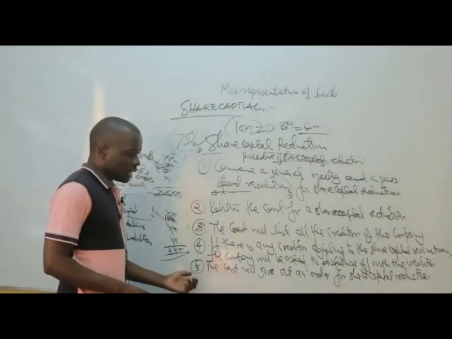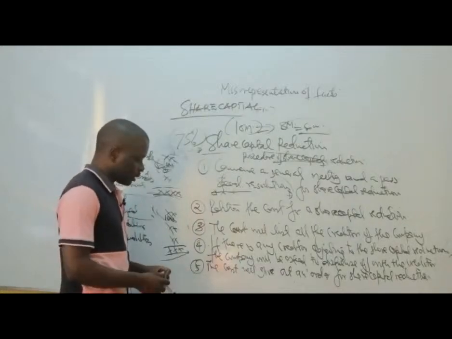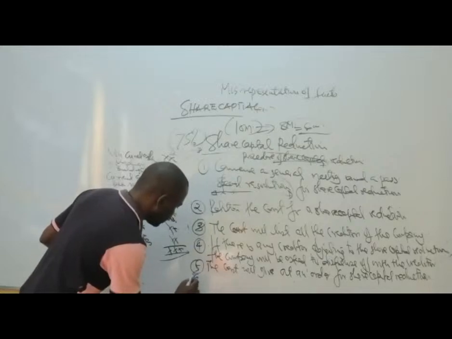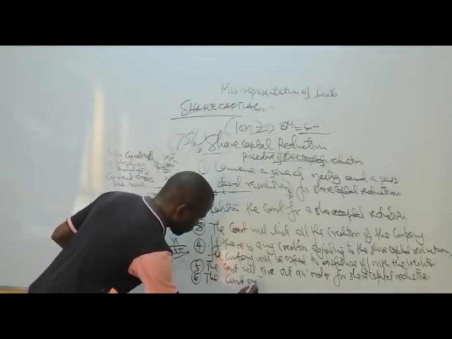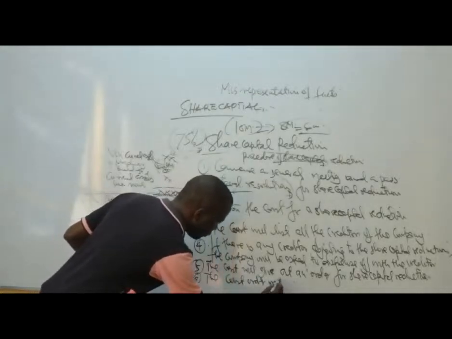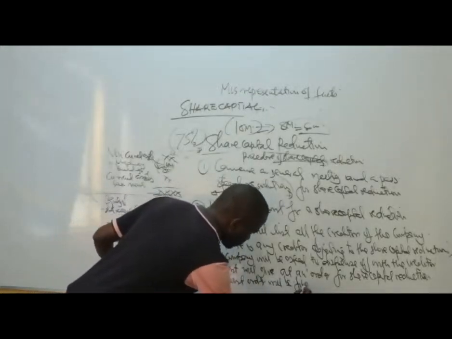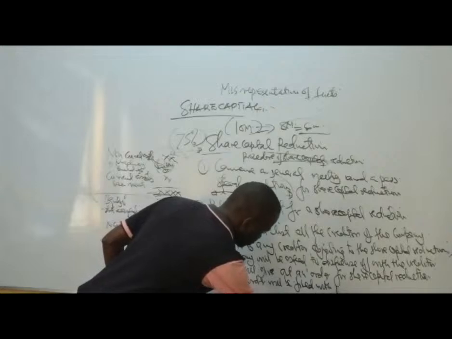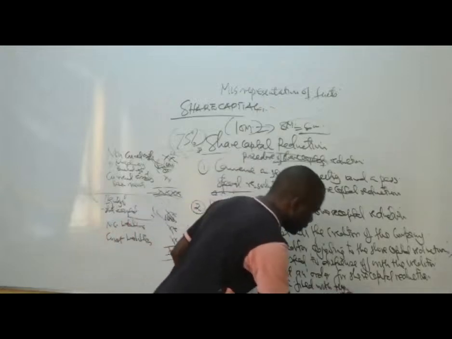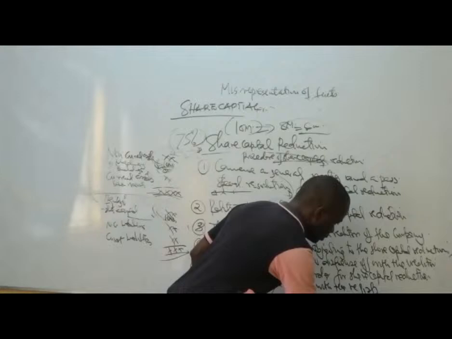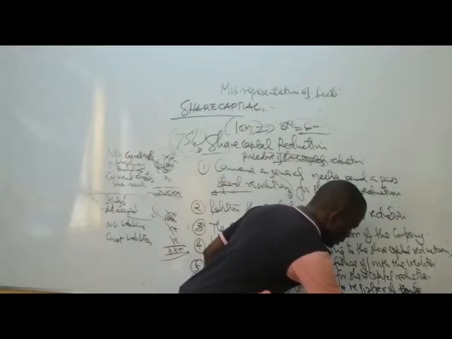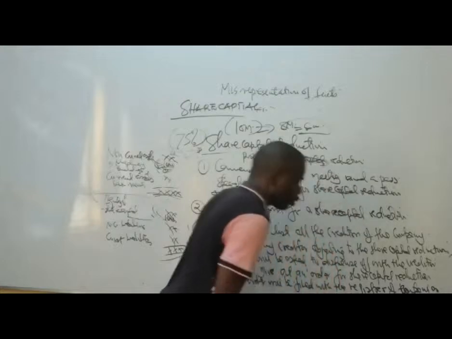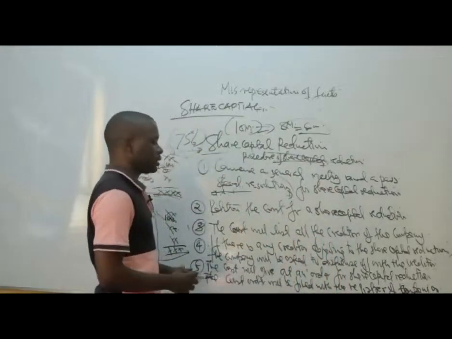So this court order will be filed. So number 6, the court order will be filed with the registrar of companies. They'll give a copy or file it with the registrar of companies.